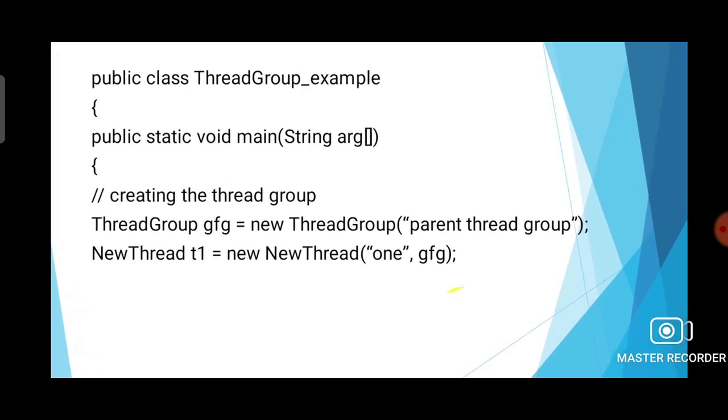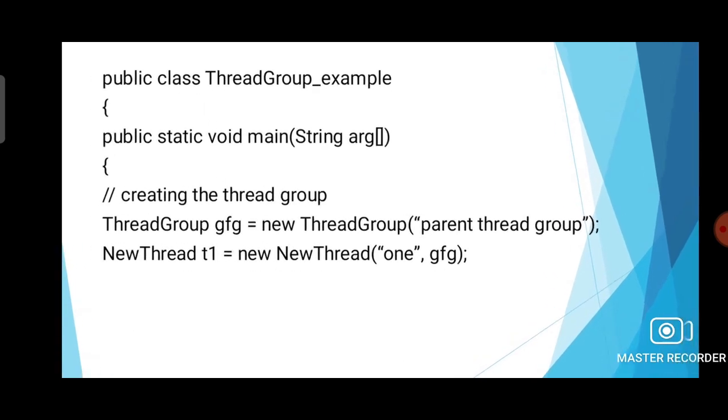Then in the main function, we are creating the thread group with the object name GFG, and the name of the thread group is "parent thread group". Then we are creating our individual threads. The first thread is T1. During the thread creation, we are providing two values for the two parameters.